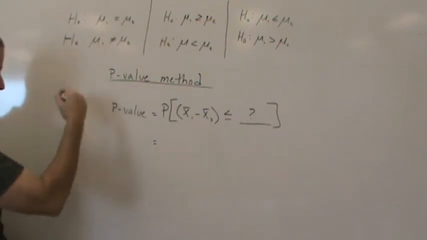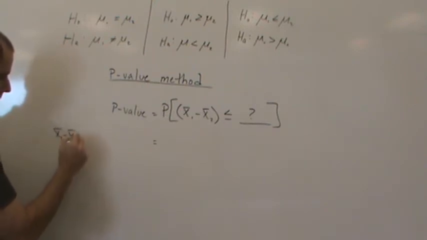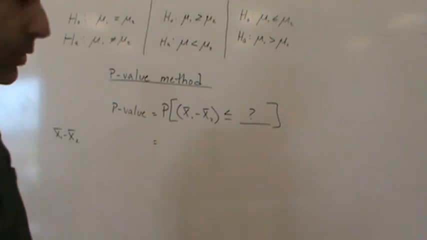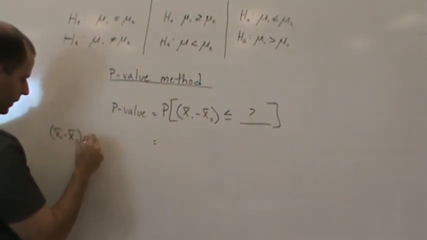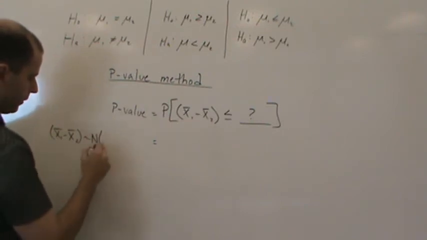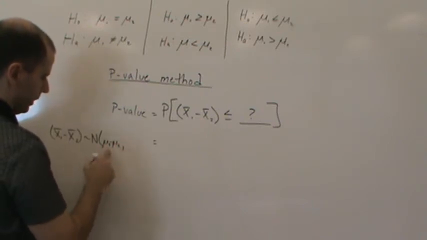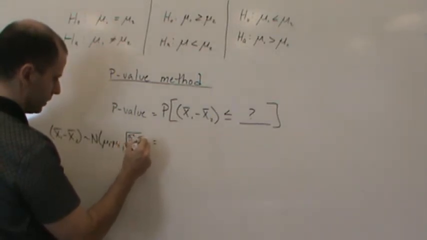As long as all the conditions are met, we know the sampling distribution of x bar 1 minus x bar 2 is normal with a mean of mu1 minus mu2, and the standard deviation is the square root of sigma 1 squared over n1 plus sigma 2 squared over n2.